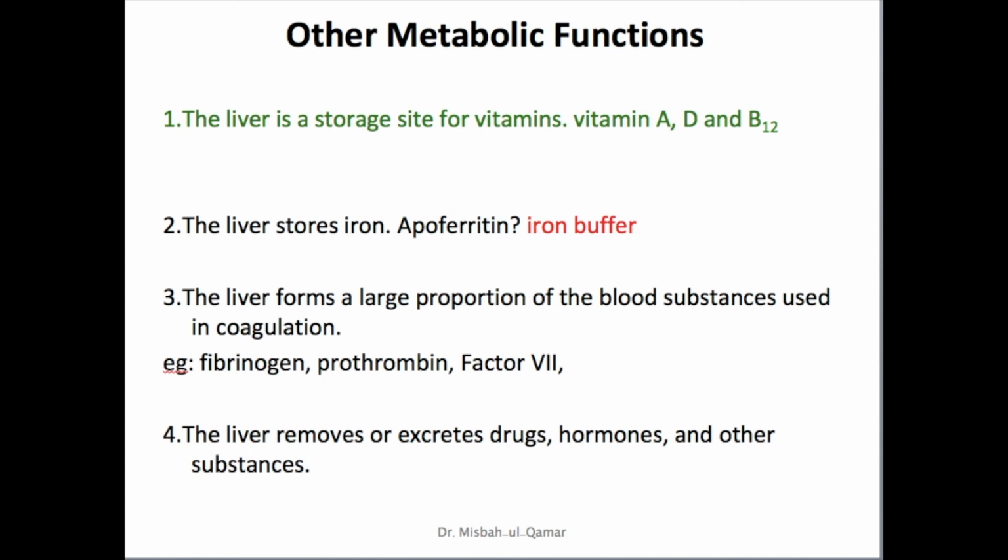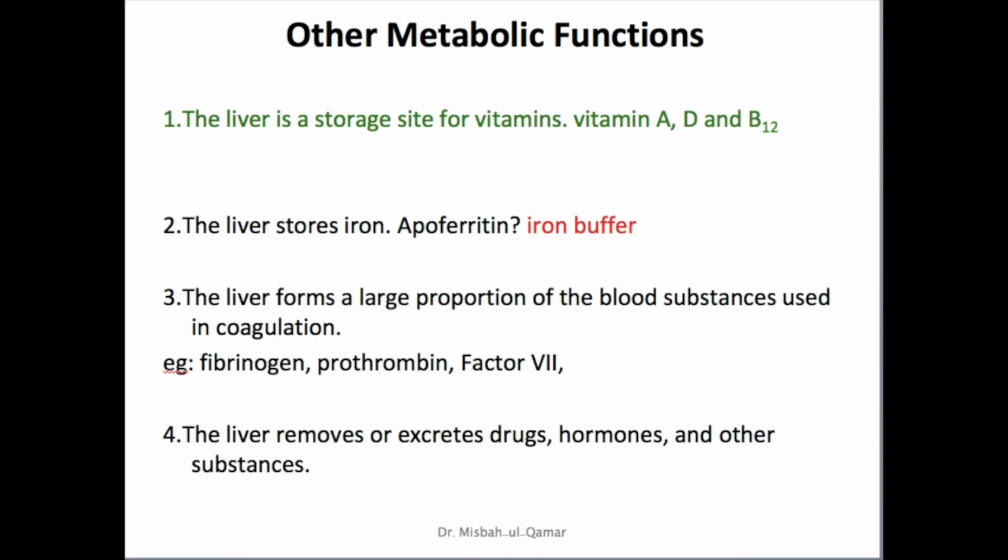So the storage function includes storage of vitamins, and the vitamin stored in greatest quantity in the liver is vitamin A, while large quantities of vitamin D and B12 are also stored in the liver. Iron is stored as ferritin.